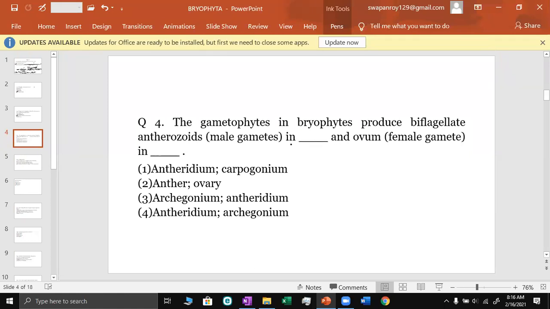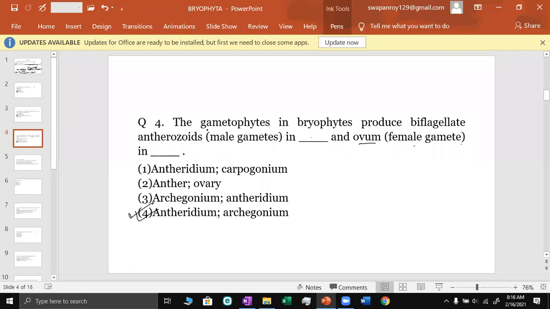Biflagellate antherozoids in dash and ovum, female gametophyte in dash. Here you have antheridium, carpogonium, anther, ovary, archegonium, which should be in sequence. Option 4.